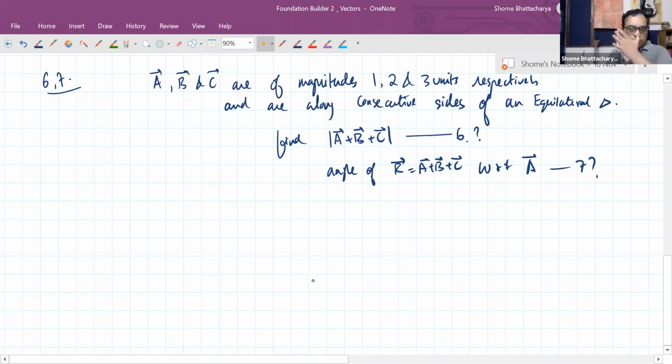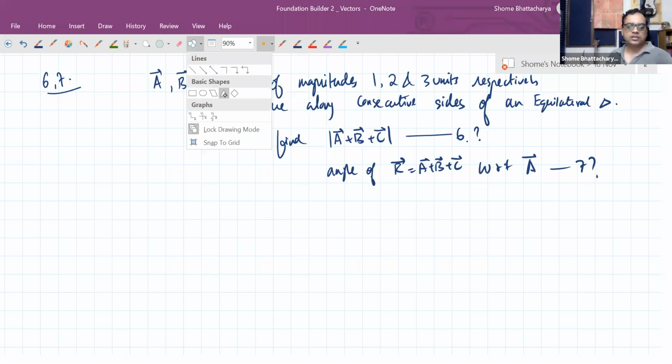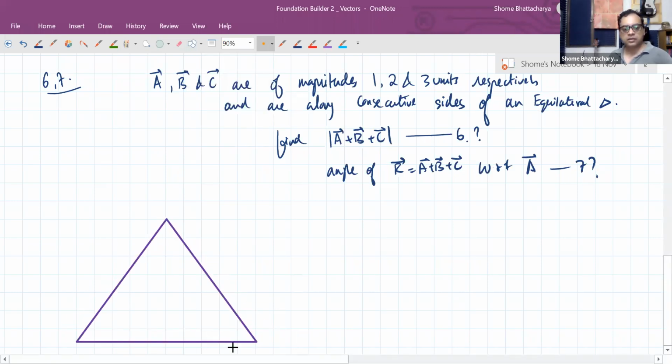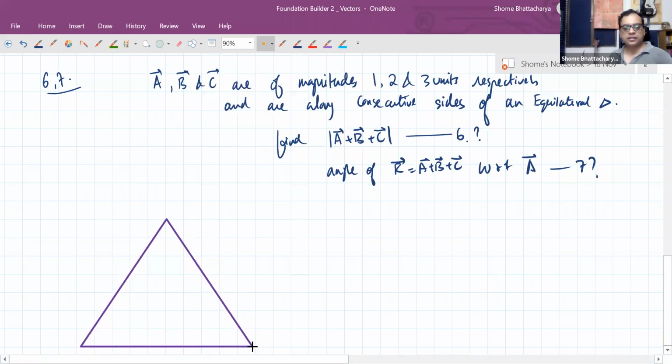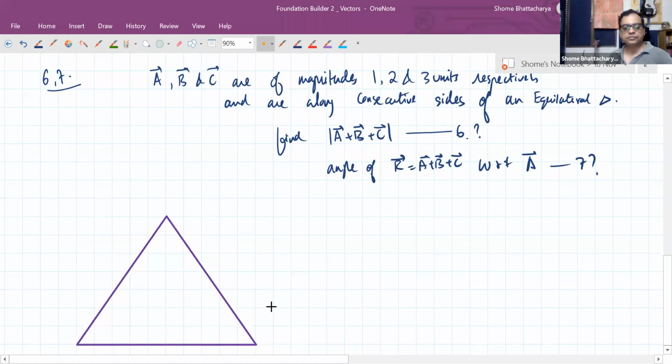First of all, let us understand the language of the question itself by drawing a simple figure. Suppose this is some equilateral triangle with interior angles 60 degrees each and some dimensions. Then what does this statement mean, that they lie along consecutive sides of an equilateral triangle?